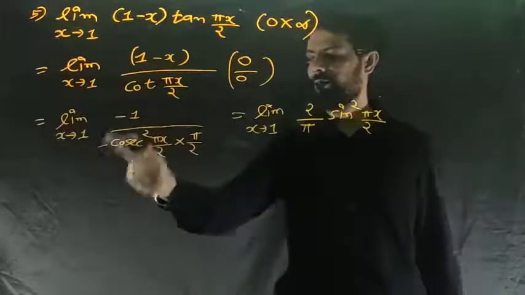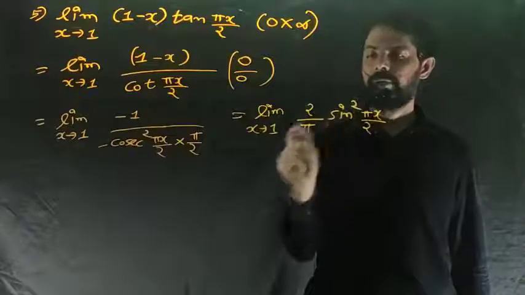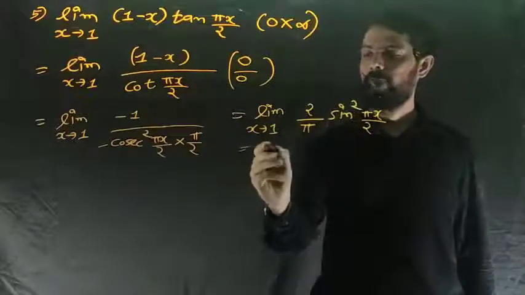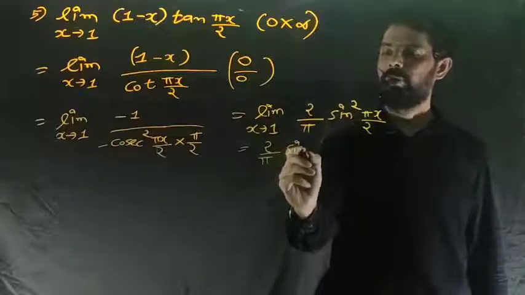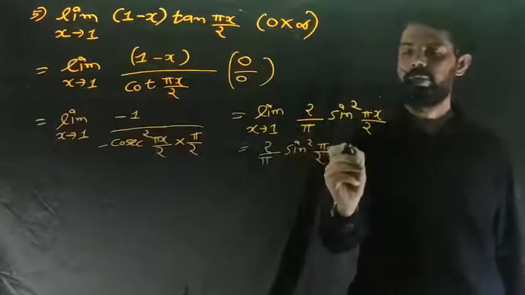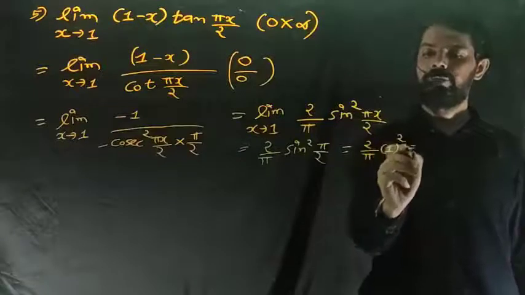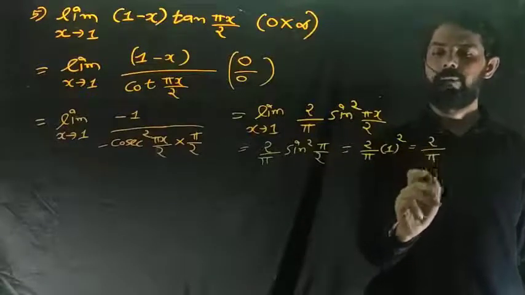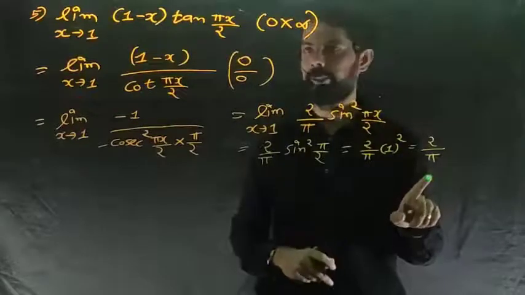And minus minus cancel out. Now replacing x by 1, it will be 2 by pi into sin square pi by 2, and the value of sin pi by 2 is 1, so this will be 1 square. So 2 by pi into 1 square will be 2 divided by pi. So our final answer will be 2 divided by pi.